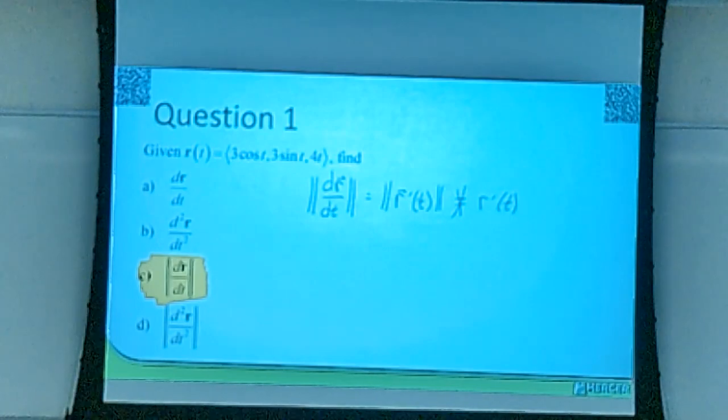Something specifically about components. What does r represent? Just r, not the vector r. Remember that notation? What function? Function of t.